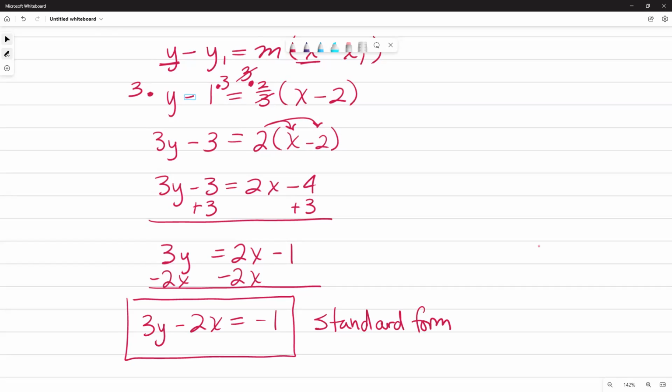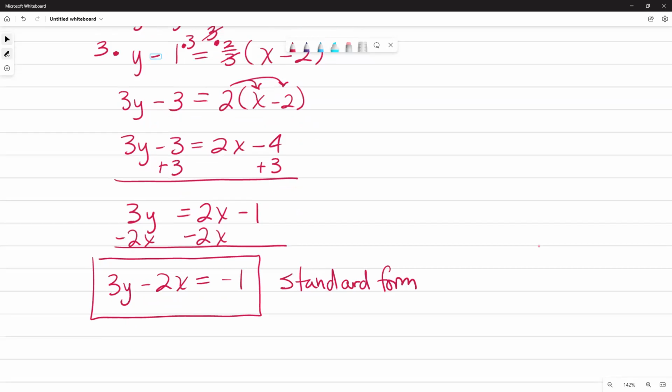Which I hate. I would always want to put that in y-intercept form. Why wouldn't we? Can we just do it? Let's do it. So y-intercept form is just y equals mx plus b. So I'm going to isolate.